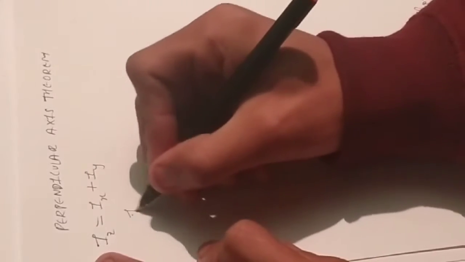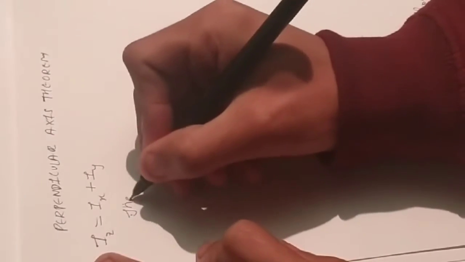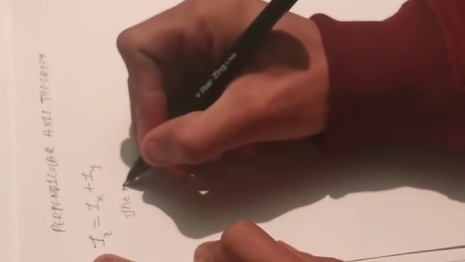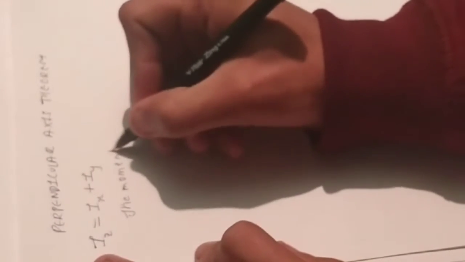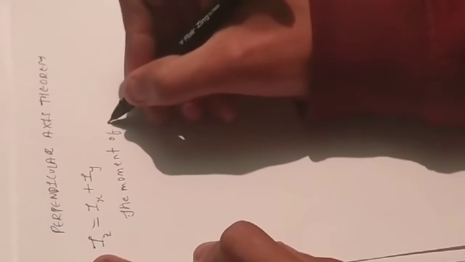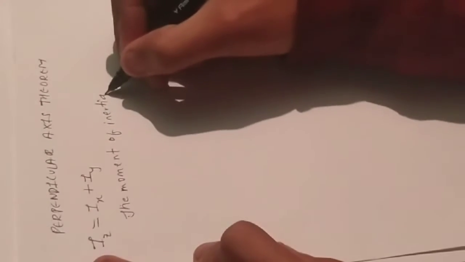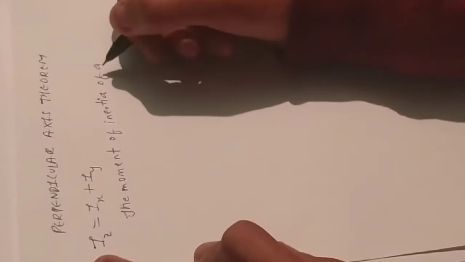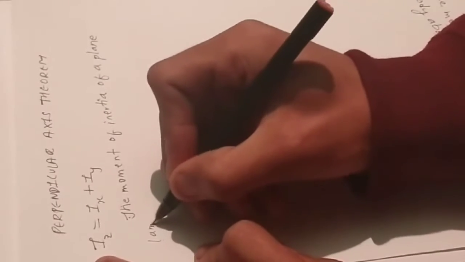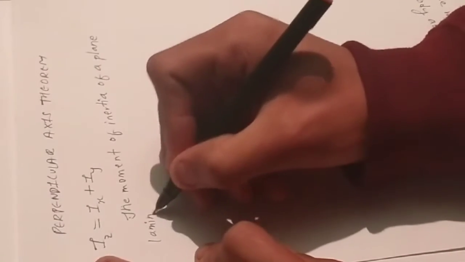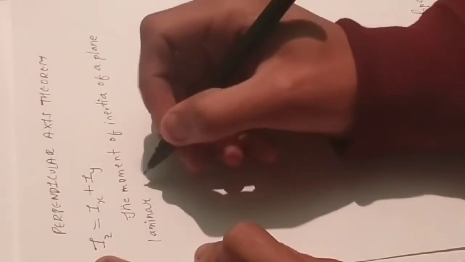The definition of this perpendicular axis theorem is: the moment of inertia of a plane laminar body, so what do we mean by laminar? It is a 2D shape.